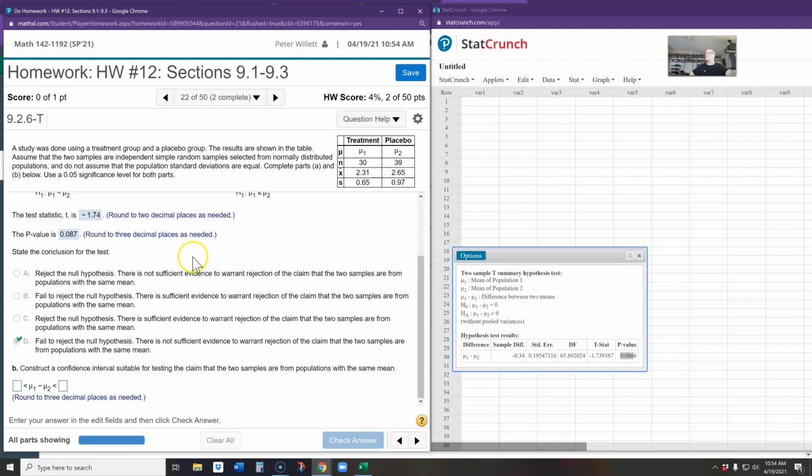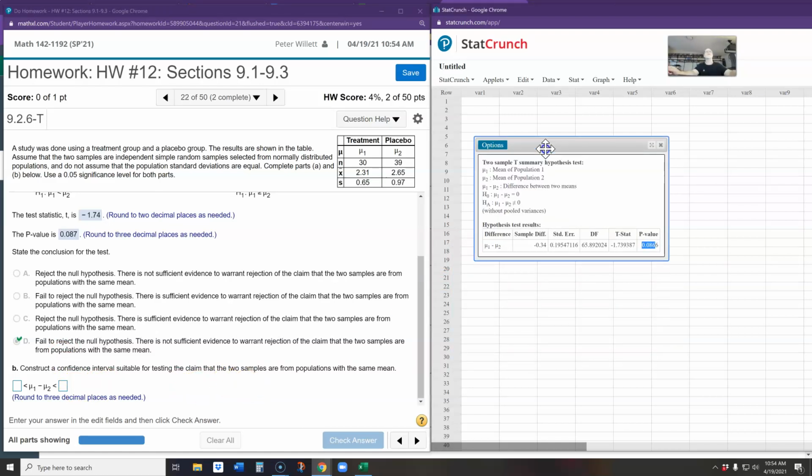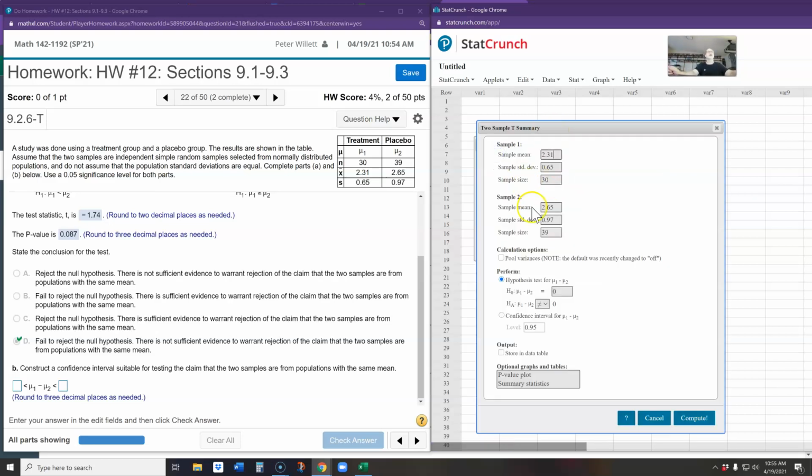Okay, so now in part B, they also want to do this with a confidence interval. And I illustrated in an earlier example that we can just edit this so we don't have to enter any of this summary stats information again, and we switch from hypothesis over to confidence interval. Now we need to determine the correct confidence interval level.